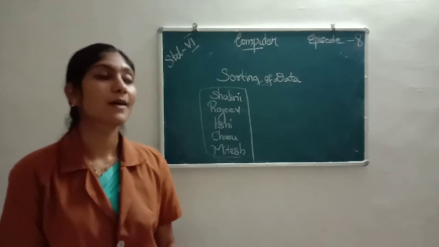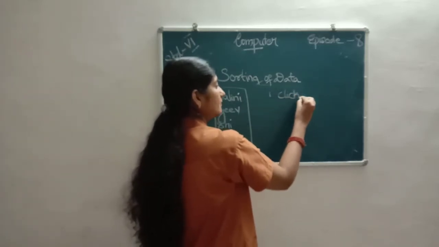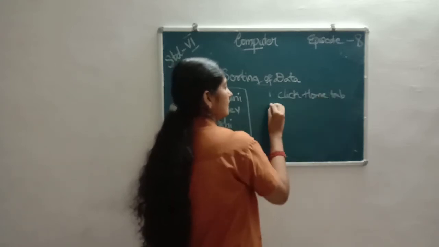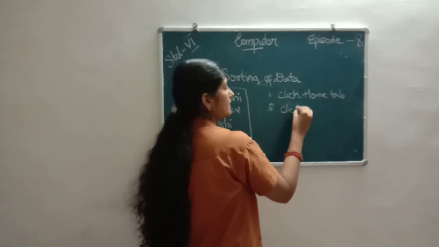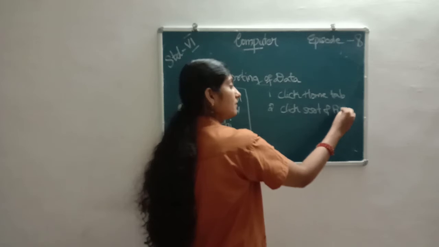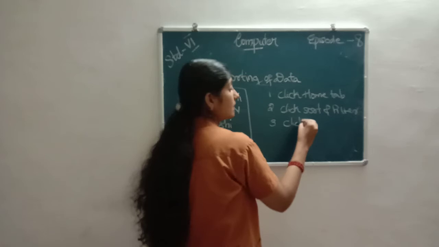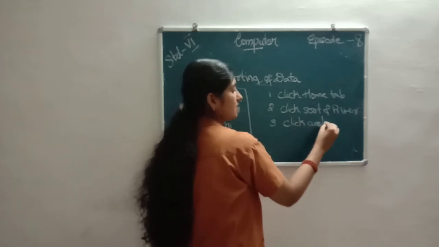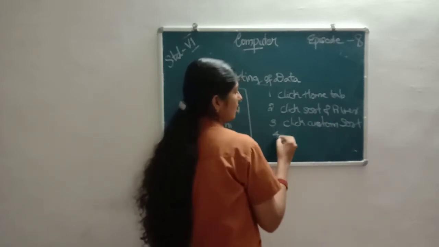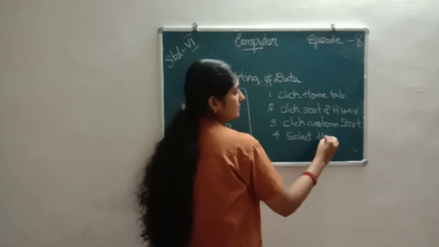Right? So what are the steps? First, click home tab. Second step, click sort and filter. Third step, click custom sort. Fourth, select the field.